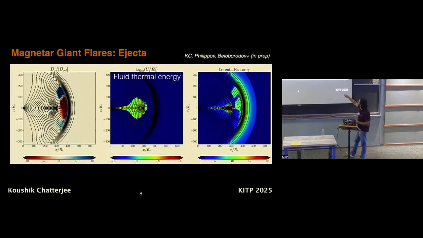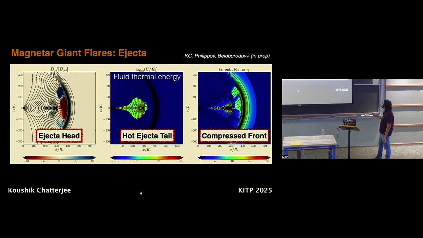Now, the third panel shows the Lorentz factor of the entire system. So the ejecta tail has hot relativistically moving gas. The ejecta head is also moving relativistically, more or less. And then we see a spherical shell moving out together with the ejecta head. Yeah, so that's the ejecta head and hot ejecta tail, in a manner as a compressed front.